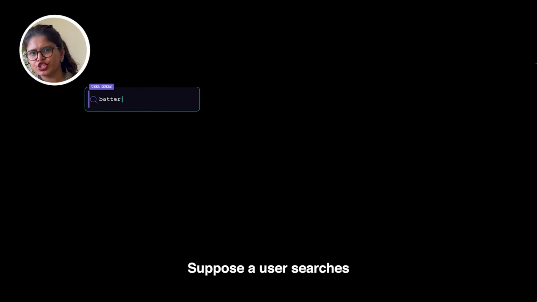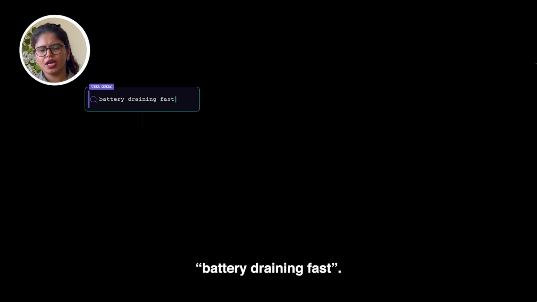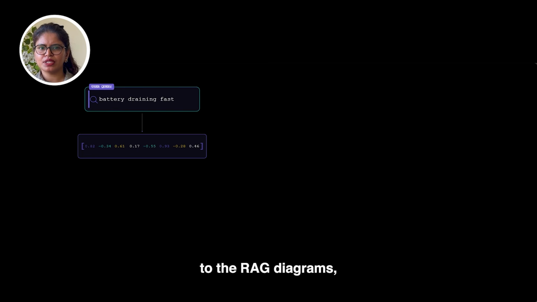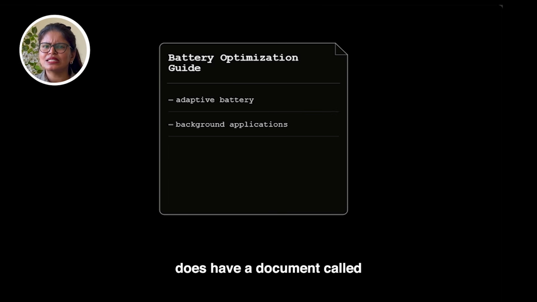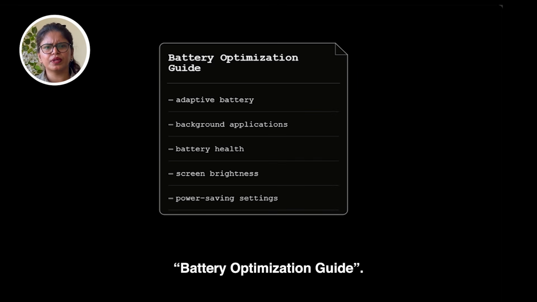Suppose a user searches battery draining fast. Now, according to the RAG diagrams, this query gets converted into an embedding, then searches the database. Suppose your database does have a document called Battery Optimization Guide. It has information about adaptive battery, background applications, battery health, screen brightness, and power saving settings.